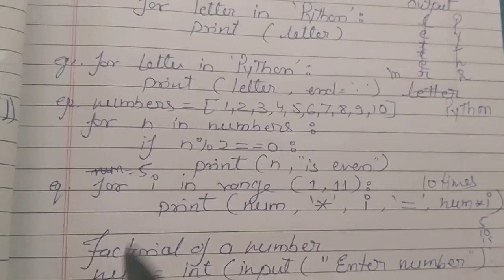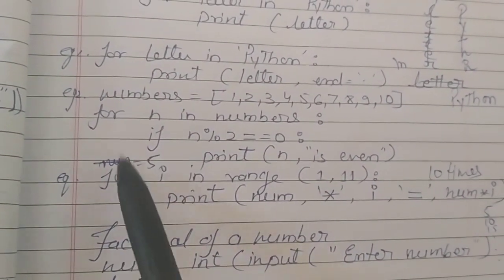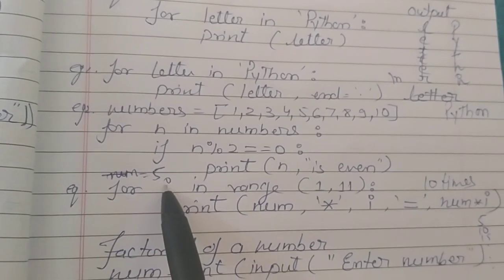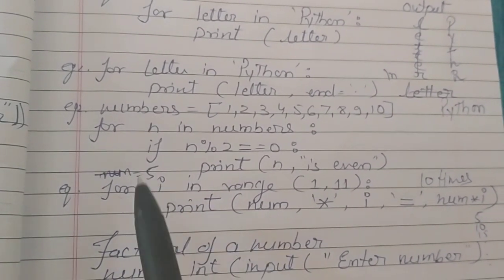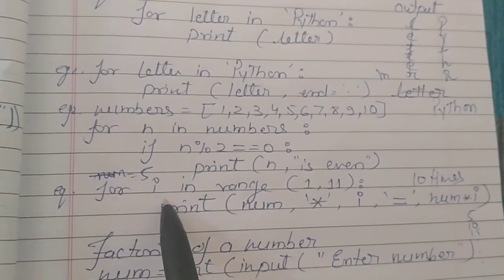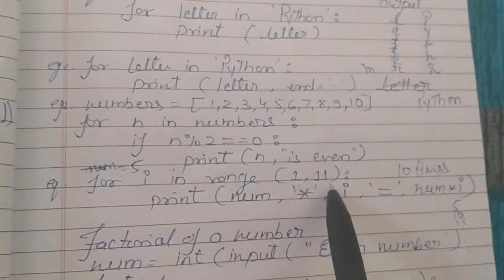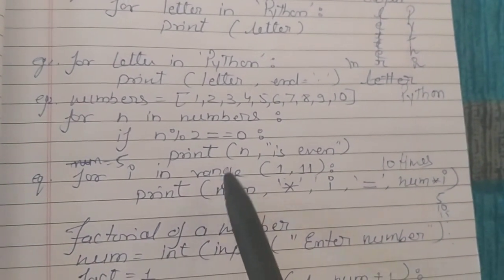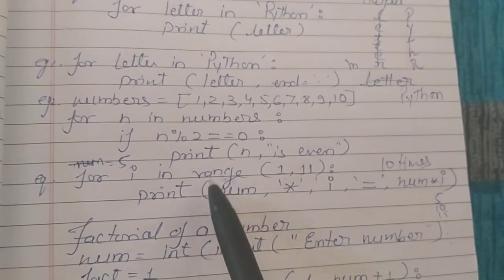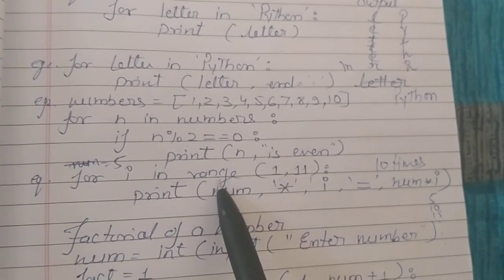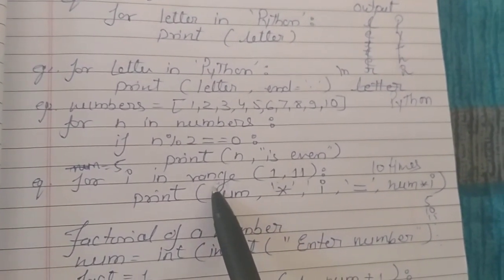Okay. Now the next program is number equal to 5, one variable. Then for i in range 1 to 11. Range is what I am describing over here. Range is also very important in the use of the for loop.